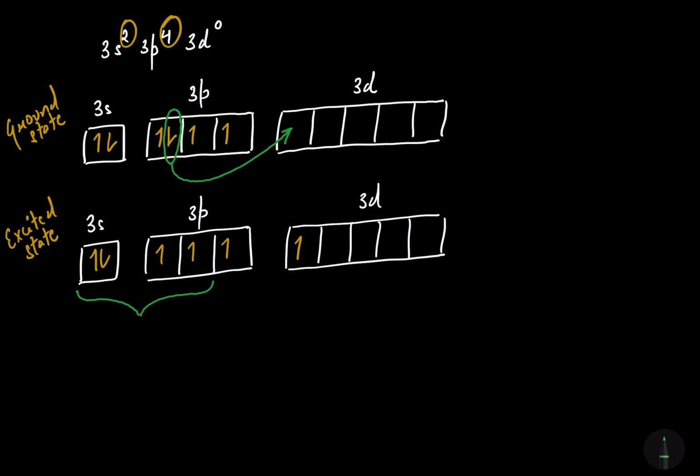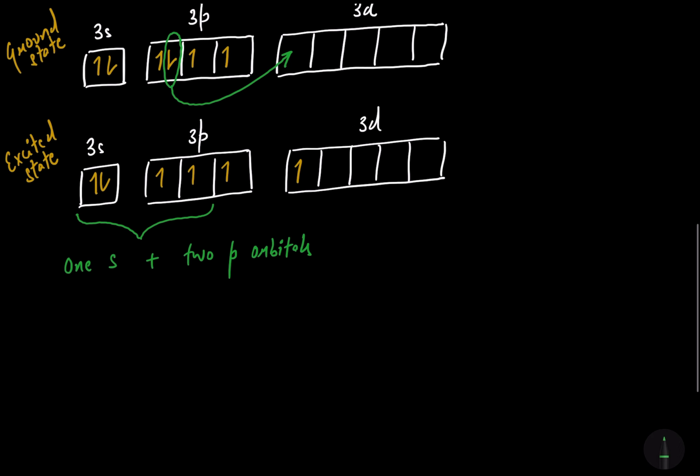Here we are taking one s orbital and 2 p orbitals for intermixing, because the shell starts from the 3s orbital. So we will definitely take the s orbital in each and every hybridization, because every shell starts from the s orbital or the s subshell. So we are taking one s and 2 p orbitals.